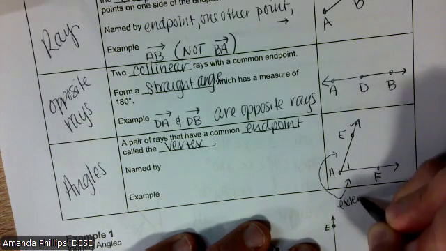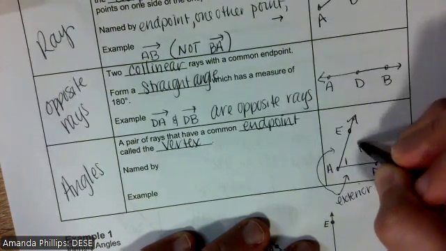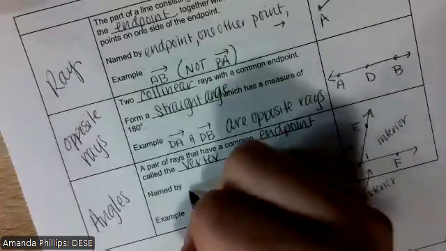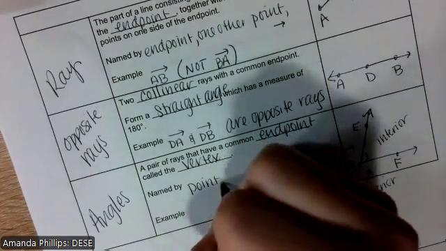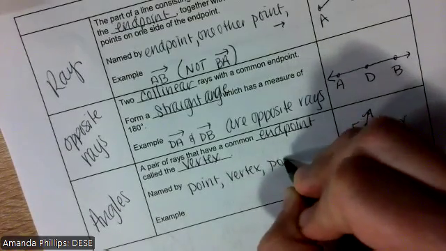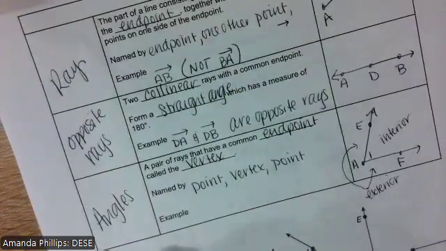That's the exterior of the angle. This is the interior, obviously the inside. Inside, outside, that should make sense. And the way we name it is we name it by a point, then the vertex, then the other point. It has to go in that order.